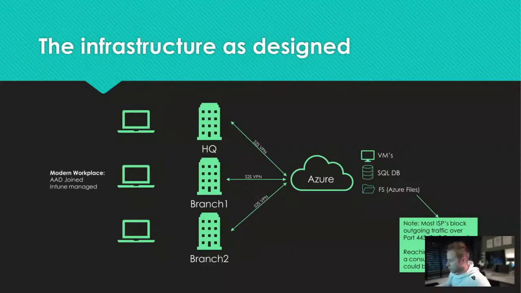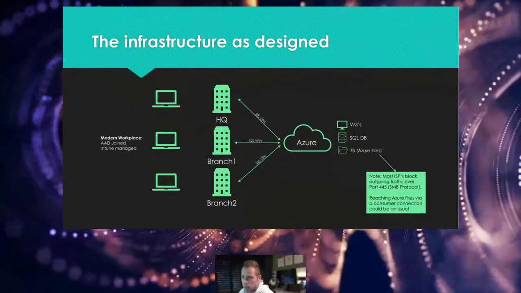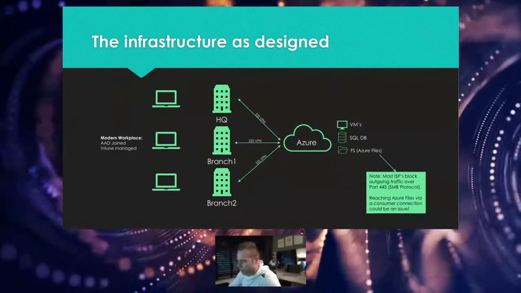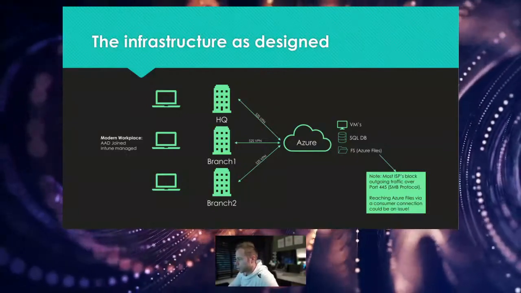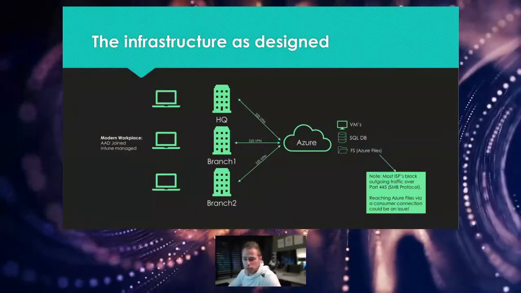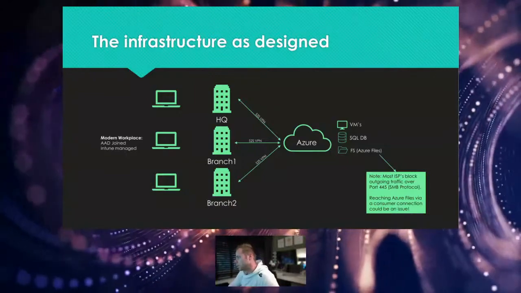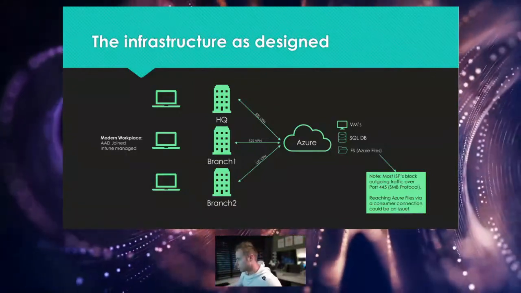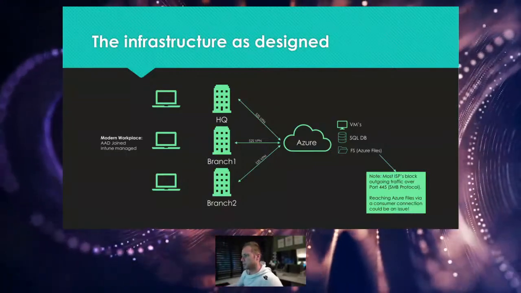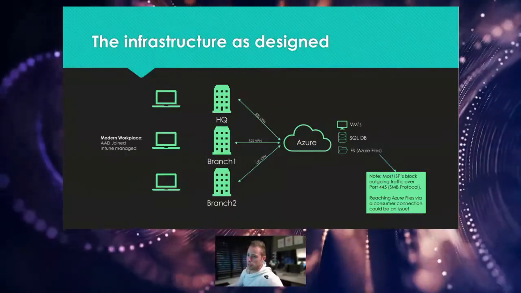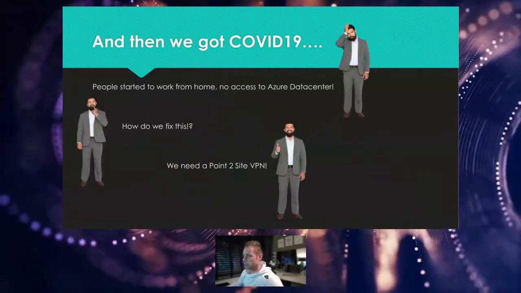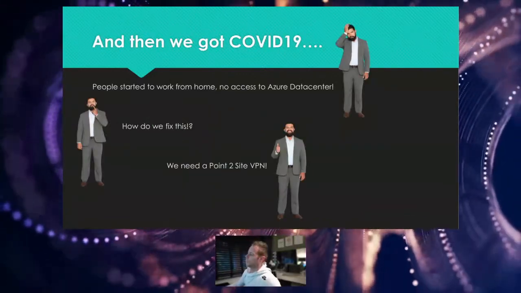There's a small note that most ISPs block port 445 as outgoing traffic, which means you can't reach Azure Files, or let's say a file share, via the internet. So you need a VPN or a secure connection to your backend to reach Azure Files, and that was not really an issue until, on the next slide, we got COVID-19.